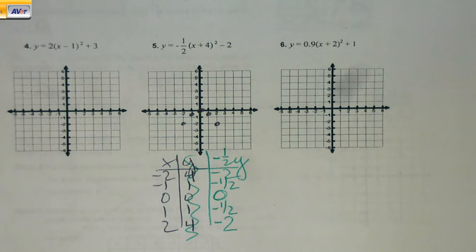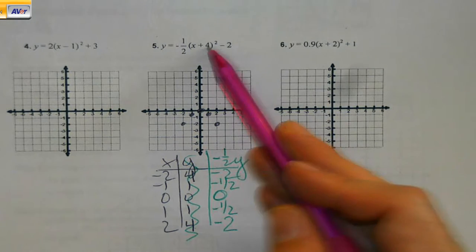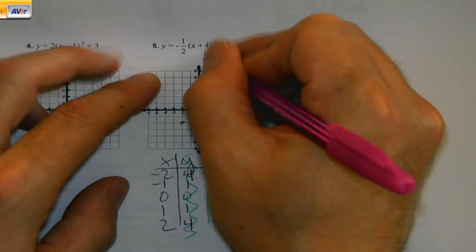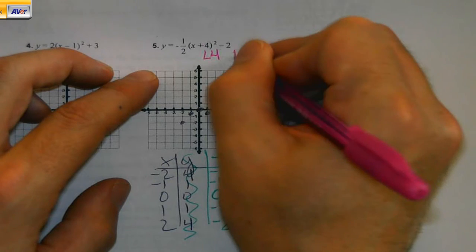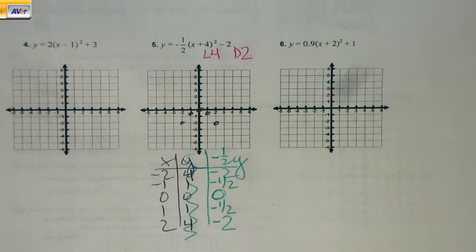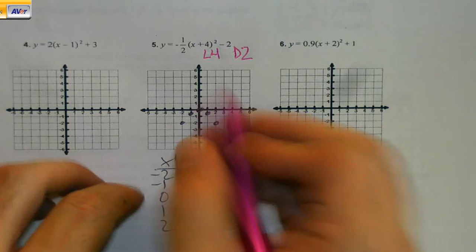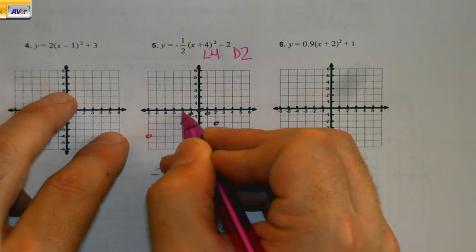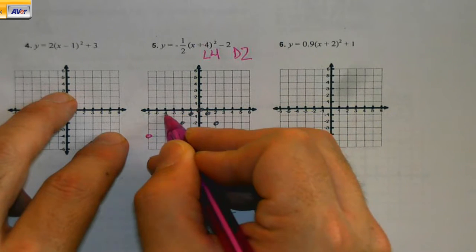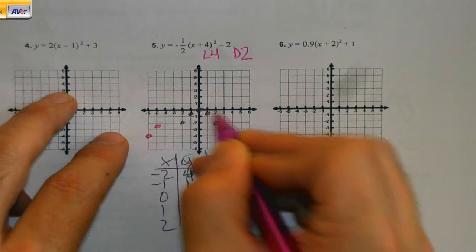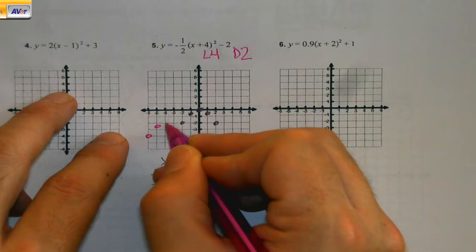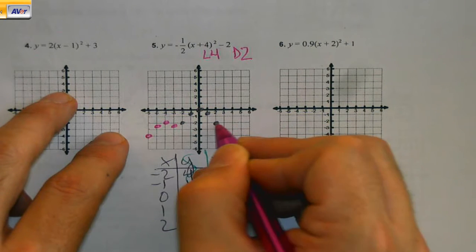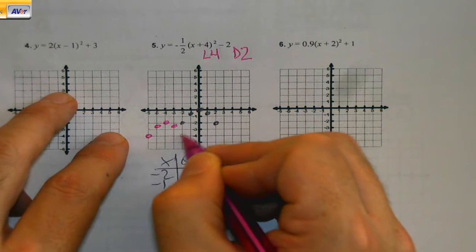But these are the ones, if I go at parent points, where I'm going to graph these guys. So we're looking at left 4 and down 2. 1, 2, 3, 4, 1, 2. Still want to stay between lines. 1, 2, 3, 4, 1, 2.